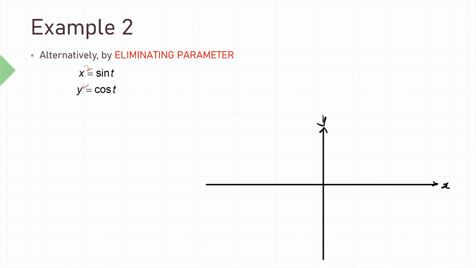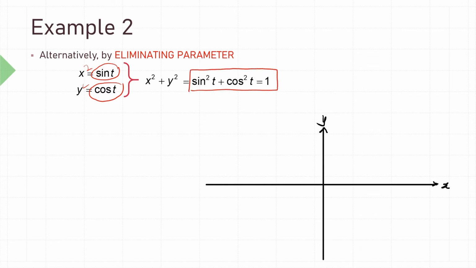We will have x squared plus y squared, meaning sine squared t plus cos squared t. From the trigonometric identity, sine squared t plus cos squared t is equal to 1, no matter what variable it is, with the condition that it is the same variable.